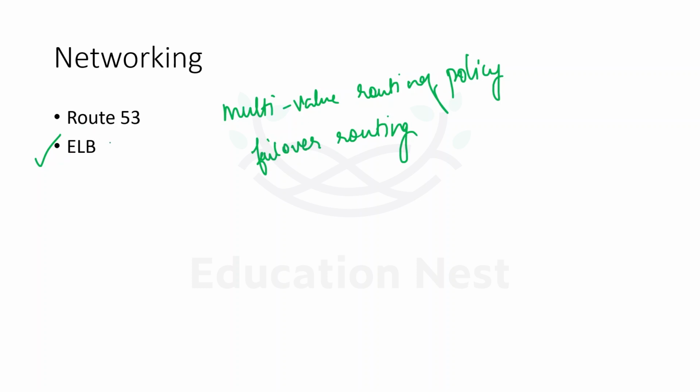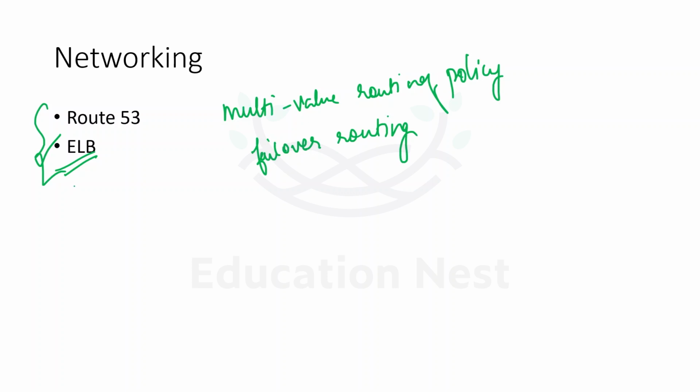And Route 53 and ELB, both of them are already highly available components. You do not have to make a disaster recovery plan for them, but in your disaster recovery plan, these both will help. So ELB spans across multiple availability zones.